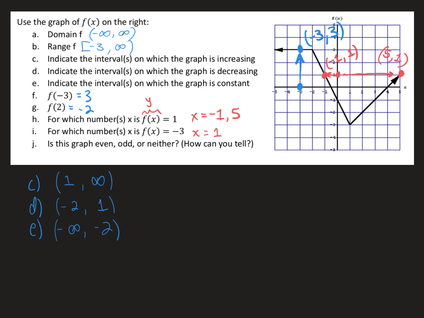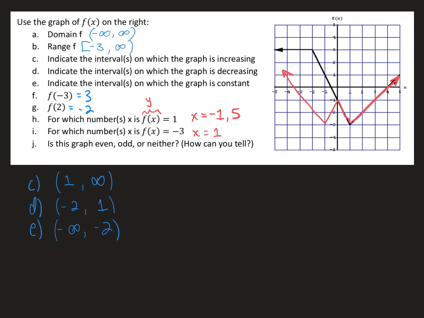Now this last example, is it even, odd, or neither? How can you tell? An even graph is a mirror image around the y-axis. Let me clear this stuff here real quick. There we go. So it would be a mirror image around the y-axis, which means we'd maybe have to see something like this in order for it to mirror this.